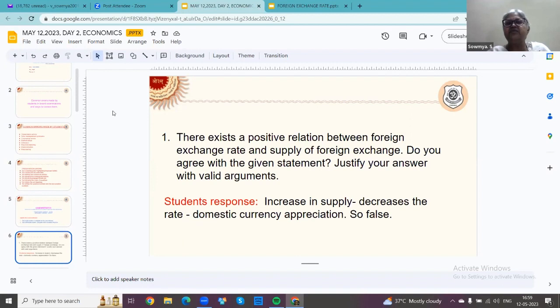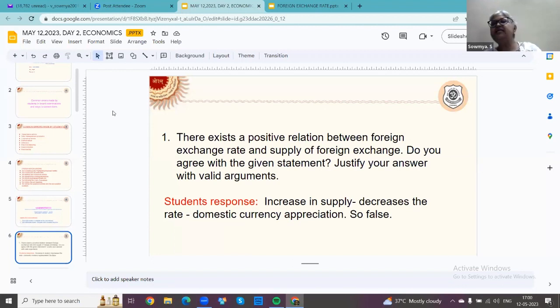Most of the answers, look at that. I've got the students' response for the question, the outline of the response. Increase in supply, then that would cause a decrease in the rate. So then that would cause a domestic currency appreciation. So it is false. This is how they have written.